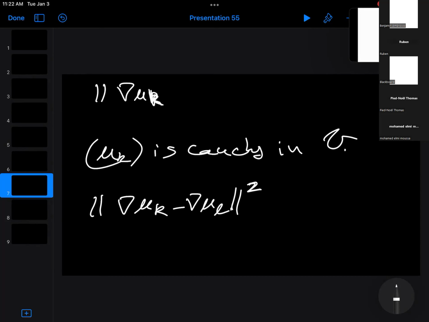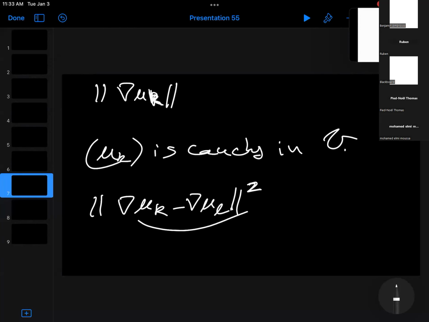Can you prove that this is as small as you want when k and l are as large as you want? So we want to prove that this is small when k and l are large.